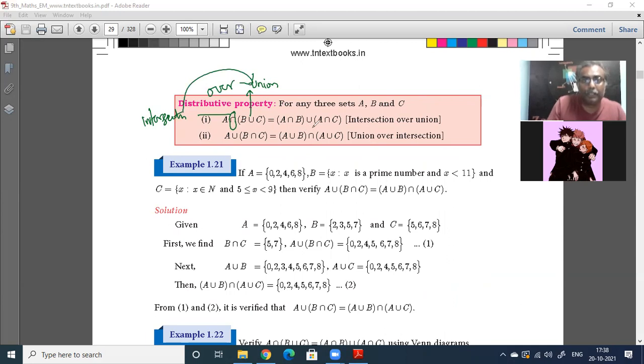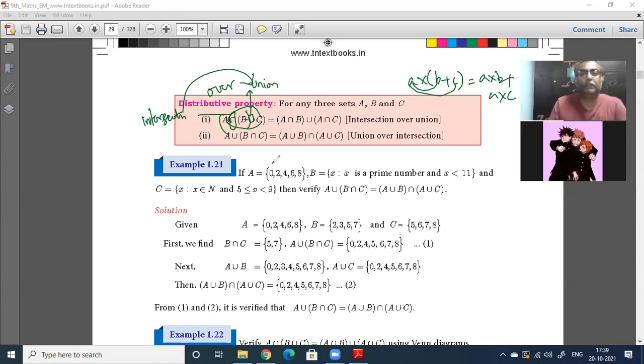A ∩ (B ∪ C) equals (A ∩ B) ∪ (A ∩ C), just like A into (B plus C) is equal to A into B plus A into C. Very simple. If you have any doubt on how the formula is arrived, you just do A into (B plus C) and find out. In the same way, this is union, and this is intersection.